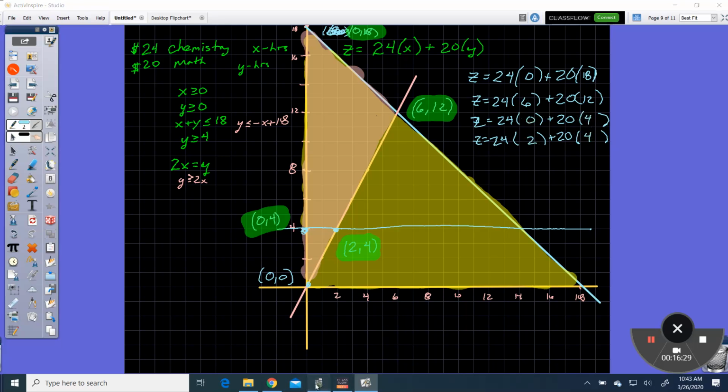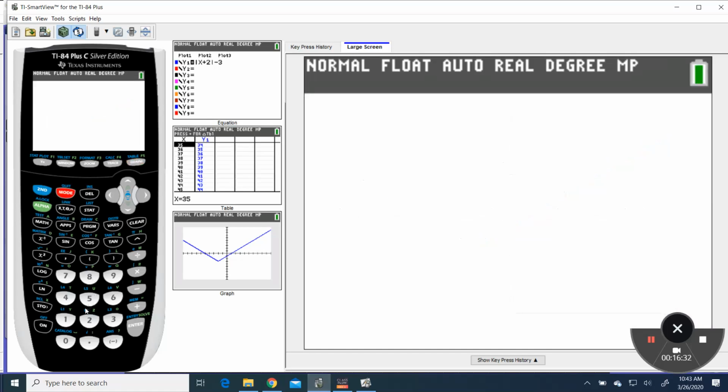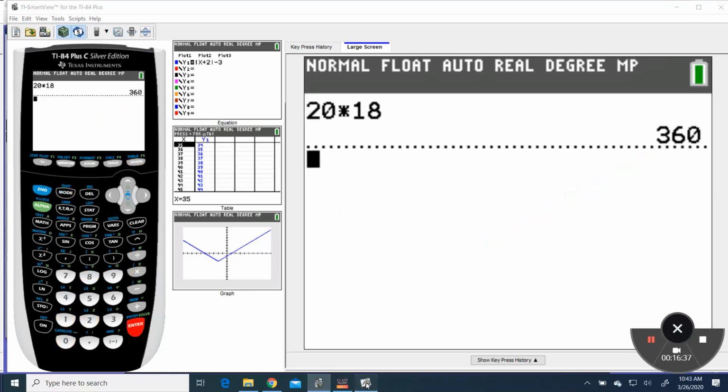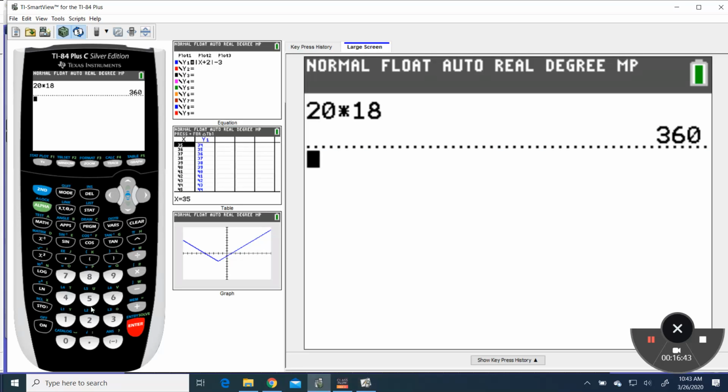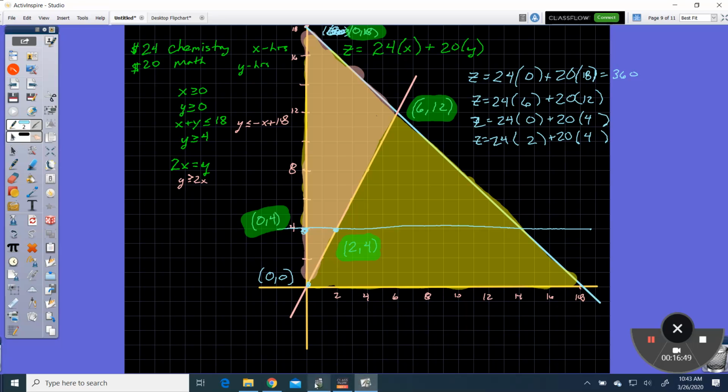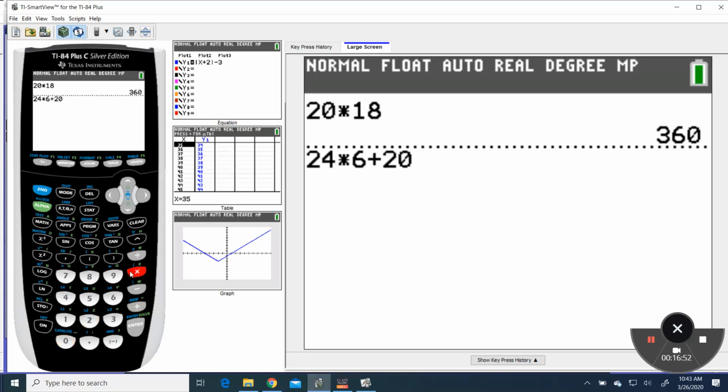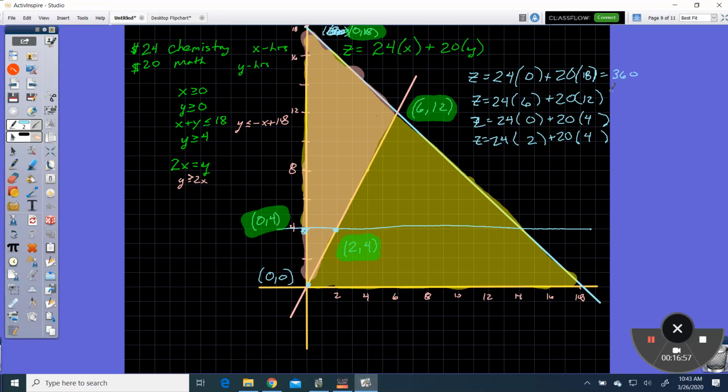So I can go to my calculator, 20 times 18. 20 times 18 is 360, so this gives me $360. 24 times 6 plus 20 times 12 is $384. 20 times 4 is 80. 24 times 2 is 48, plus 20 times 4 is 80, so that's 128.